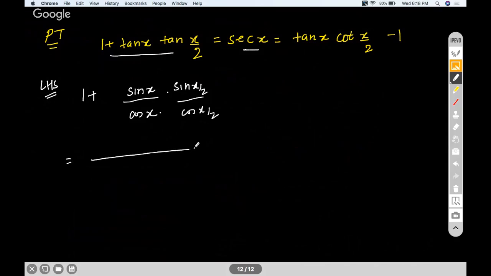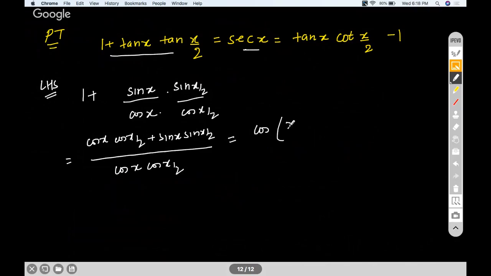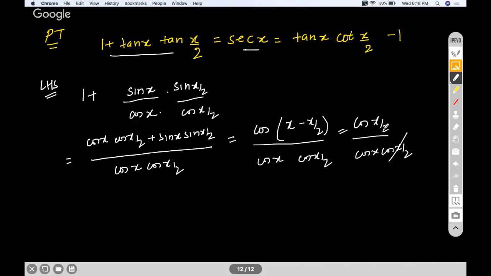So this becomes cos x by 2 plus sine x by 2 over cos x by 2, which is clearly the formula of cos a cos b plus sine a sine b, which is cos a minus b, divided by cos x by 2. That's nothing but cos x by 2 divided by cos x by 2. These two get cancelled, and that is nothing but sec x, which is actually equal to your right hand side.